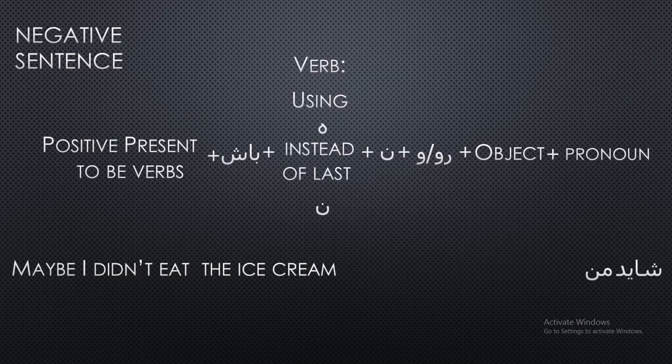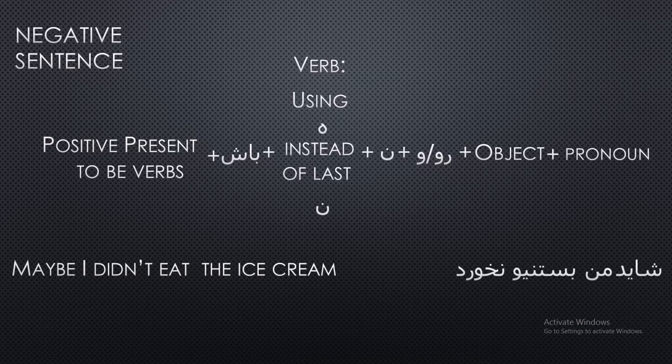If our object has he at the end, we use ro. But if our object doesn't have he at the end, we should use ve after that. So here bastani doesn't have he at the end, so we should use ve for that. So we have bastaniyo. شاید من بستنیو. Then ne plus the verb, but using he instead of its last name.